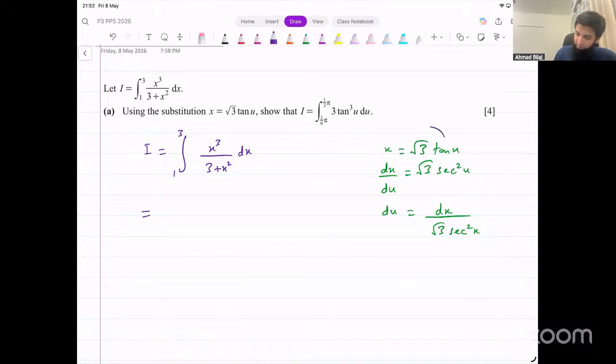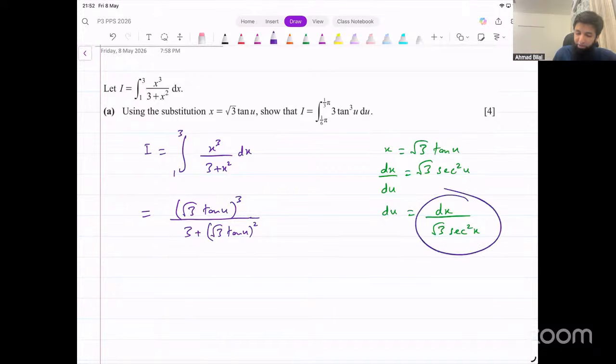Take the cube of this number, and that will give you (√3 tan u) cubed. In the denominator, you have 3 plus x squared, so that will be (√3 tan u) squared. And then dx can be replaced with this thing.